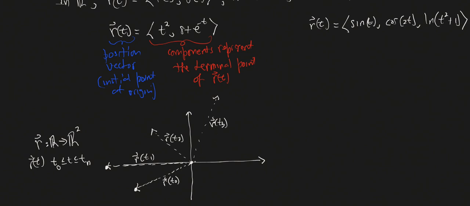Let's say I plot the last value of t, and I get this vector here. So this is the vector r of t sub n. And again, each of these vectors has to have a well-defined terminal point. So what I could then do, I could say, this vector produces all these terminal points.